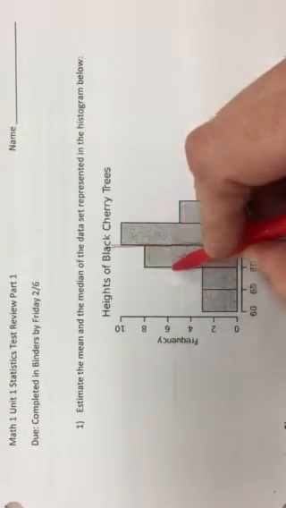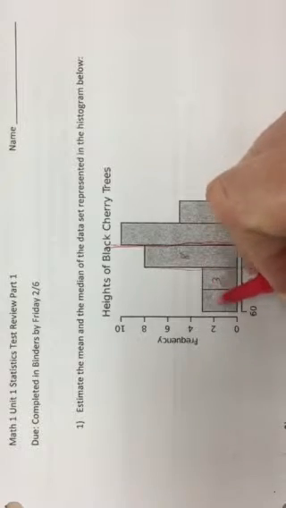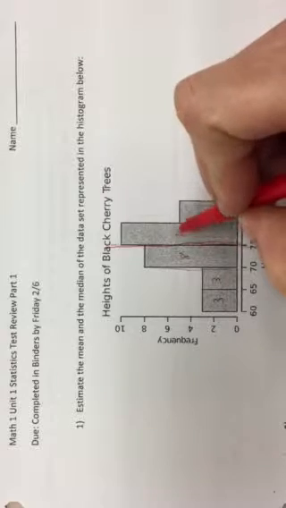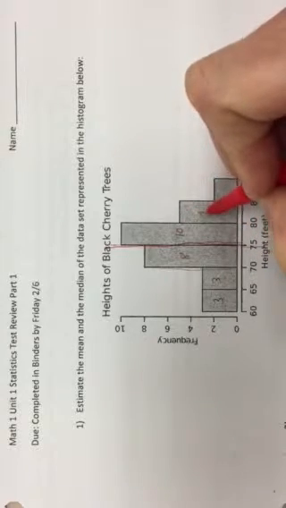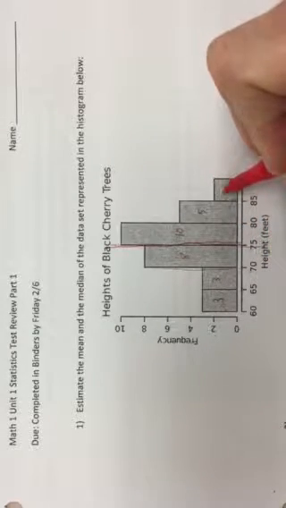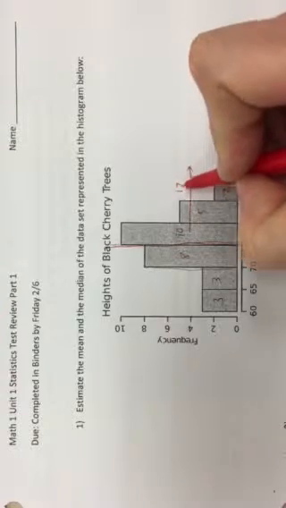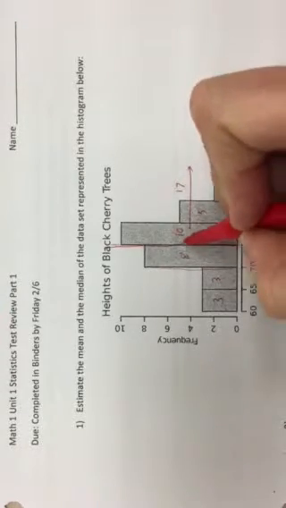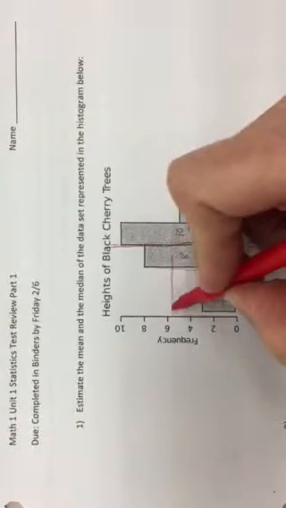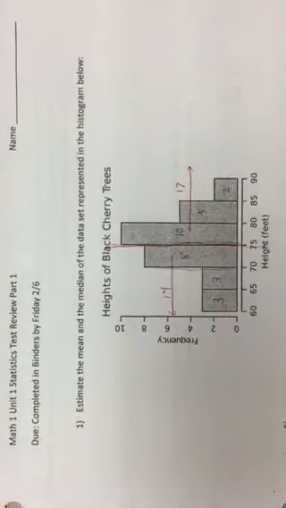Well, that means that there are 8 cherry trees in this bar, 3 cherry trees in this bar, and 3 cherry trees in this bar. There are 10 cherry trees here, 5 cherry trees here, and 2 cherry trees there. So that means I have 17 cherry trees on this side of my line and only 14 cherry trees on this side of my line.